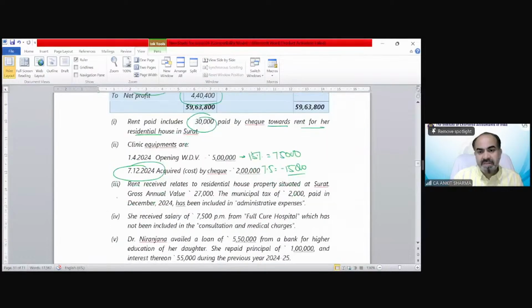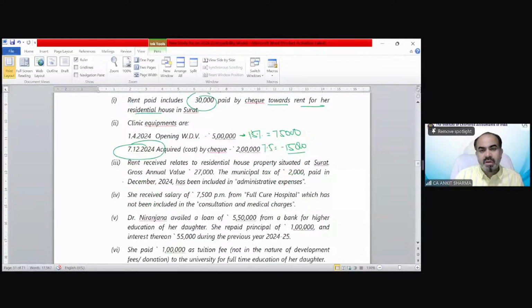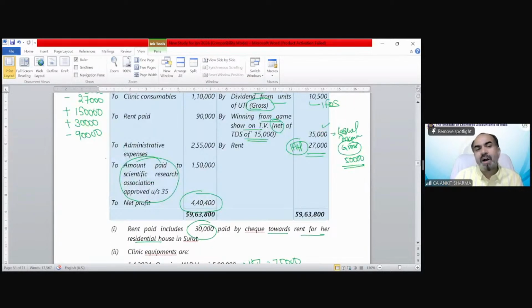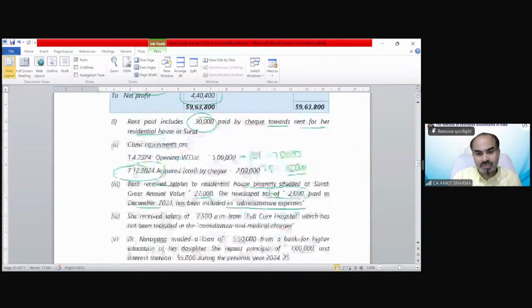A question having more information. She received rent relating to a residential house property at Surat, gross value 27,000. Municipal taxes of 2,000 paid in December 24 have been included in administrative expenditure of business. So this is the expenditure of house property, and it needs to be disallowed from business expenditure because it has been included in administrative expenditure.